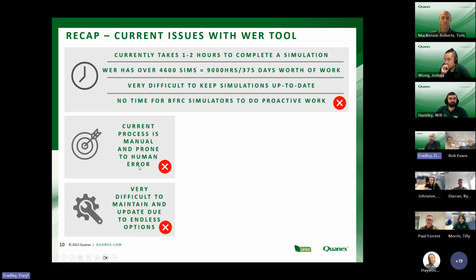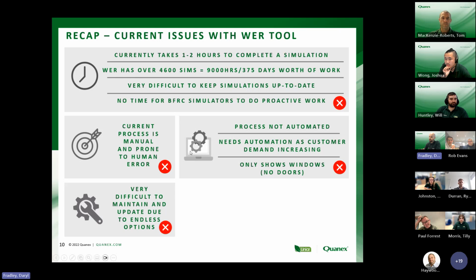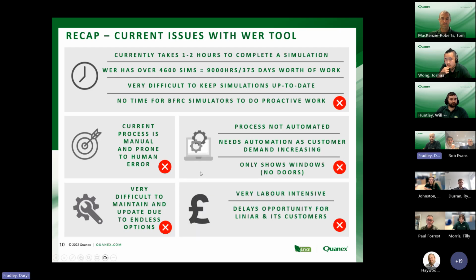It's very difficult to maintain as we have to update due to endless options as glass and spacer bars change spec. It's not automated. We need to automate it because demand is increasing, and we also only show windows and no doors. And finally, it's very labour intensive, and we believe it's delaying opportunities for both Linear and our customers.